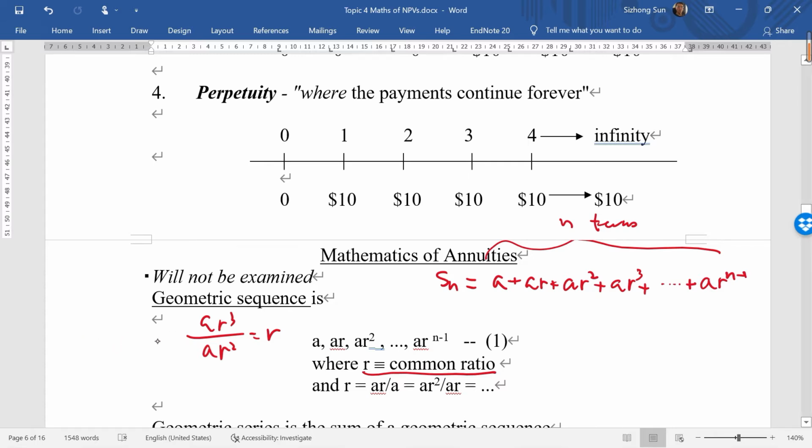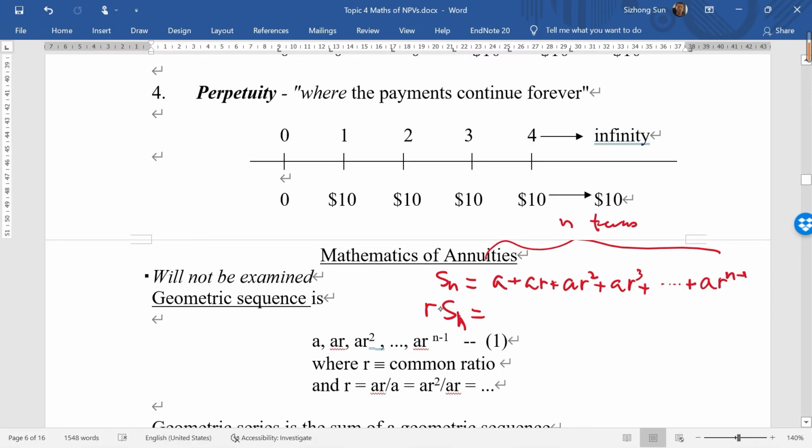However, if n is large, how can we derive a formula for this? The trick here is that Sn is A plus AR plus AR squared until AR to the n minus 1. What about, let's multiply both sides by R, so we get R Sn.